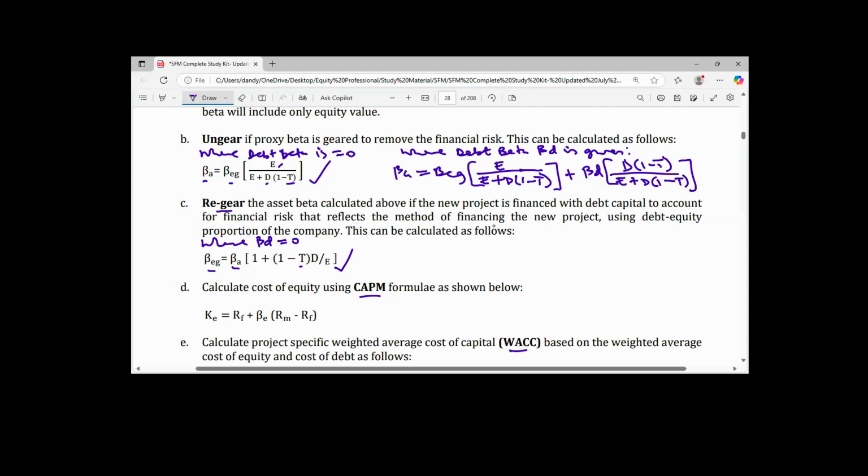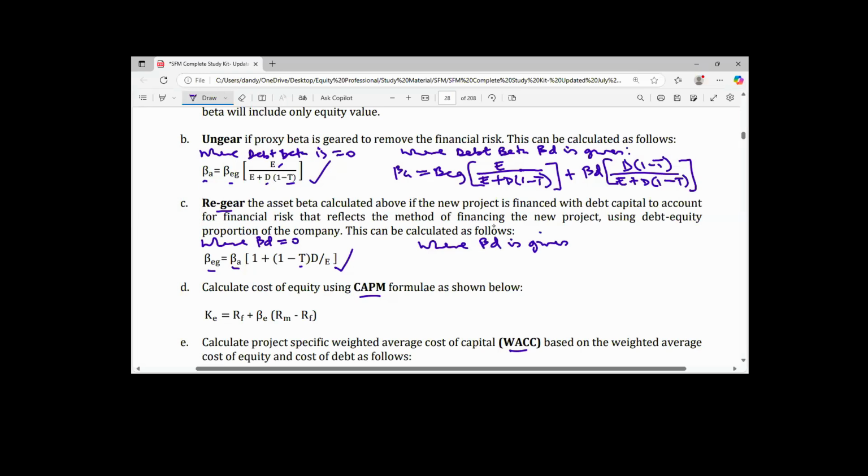But where debt beta is given, then all you need to do is to repeat the formula in step 2.